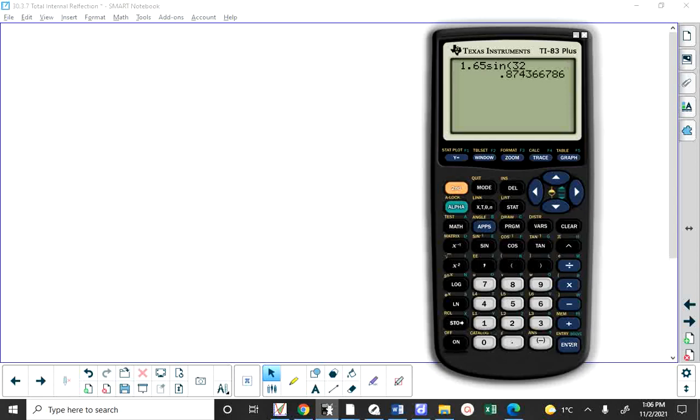And then I'm going inverse sine. So look at that number. I'm going to take the inverse sine of 0.87. What does that mean? It means I'm trying to find an angle whose sine is 0.87.